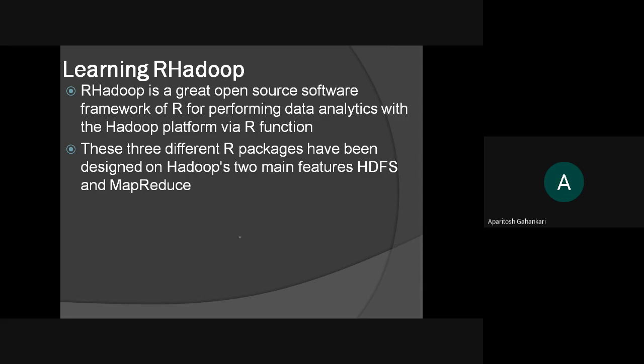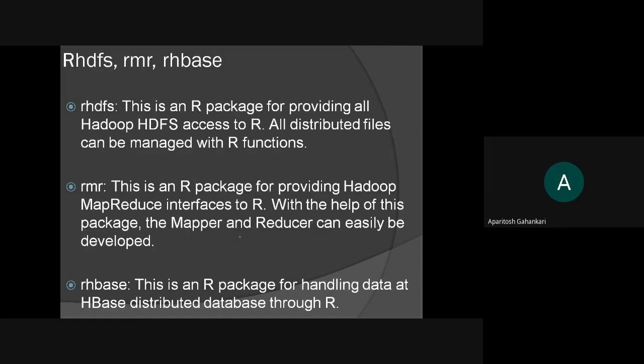It is used for performing data analytics on the Hadoop platform with the help of functions or methods which are available in the R language. Okay, so there are three different packages. So you must be knowing, I think I have already taught you this in the last lecture, that RHDFS, RMR, and RHbase. These are the three packages which are readily available in R to deal with the MapReduce functionality.